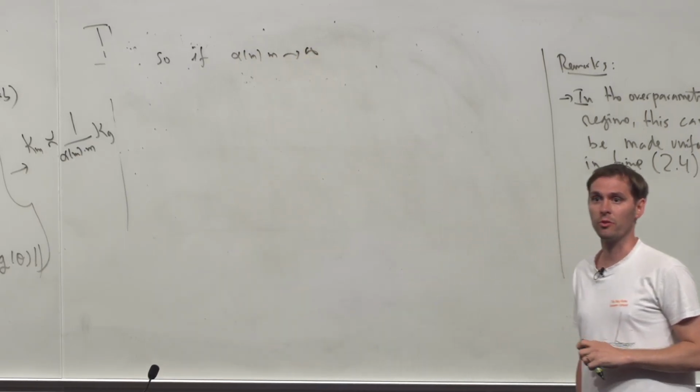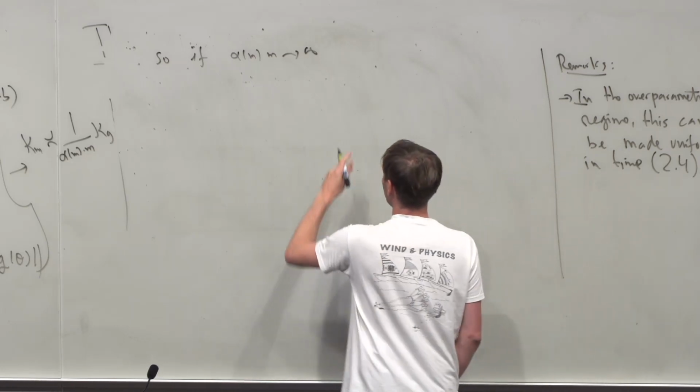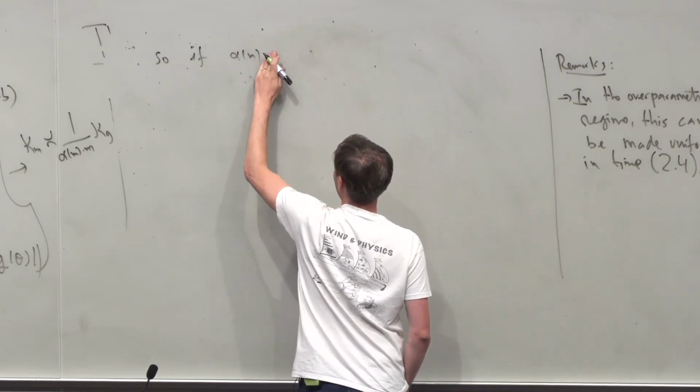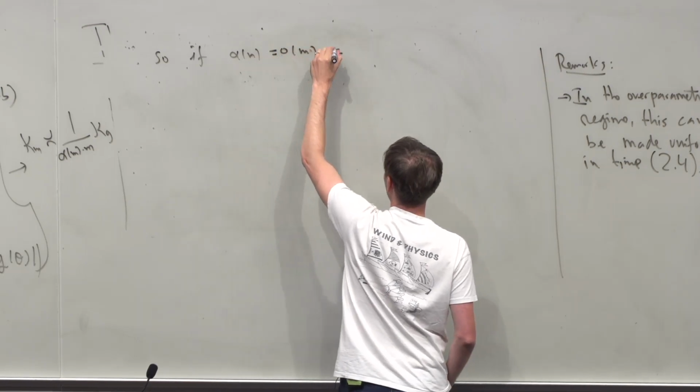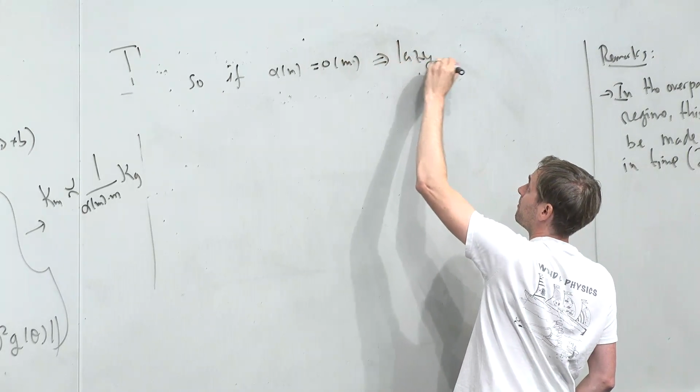In other words, you enter the lazy regime. So if alpha of m is a small o of m, then we are in the lazy regime.